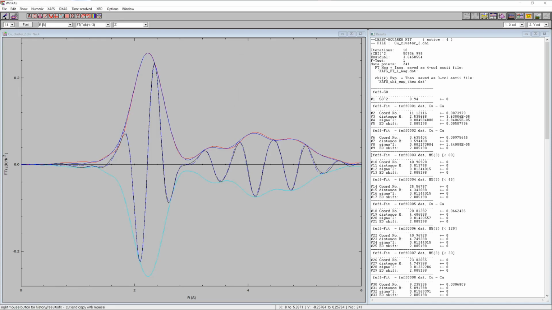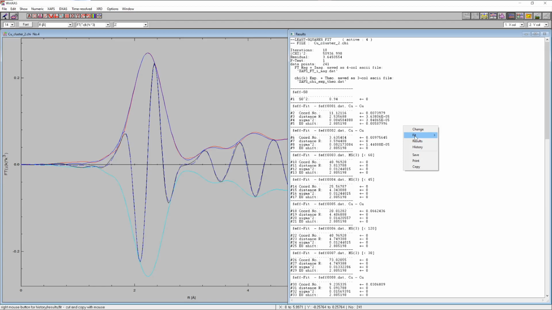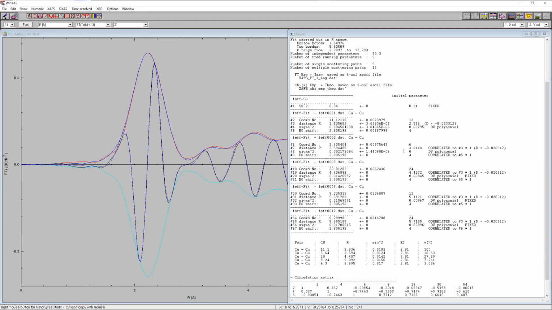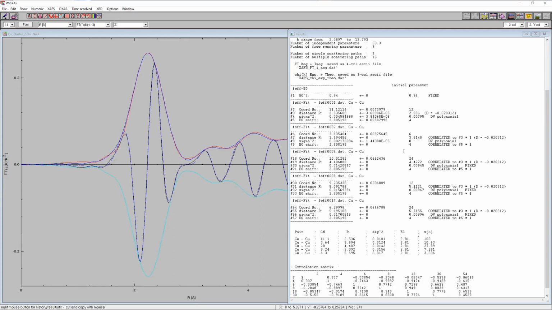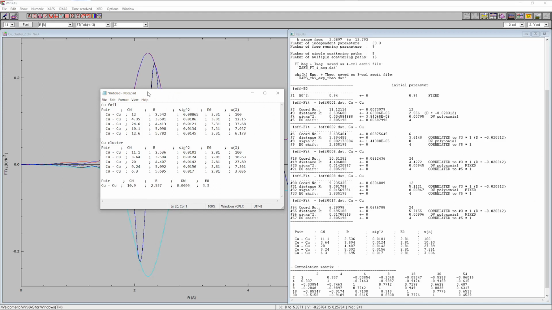And now we can look at the results of the single scattering path and compare those to the results of the copper foil and the first shell analysis. So this comparison is compiled here, where we see the results of the EXAFS refinement to the spectrum of the copper foil and the copper clusters, both including higher shells and only from the analysis of the first shell.